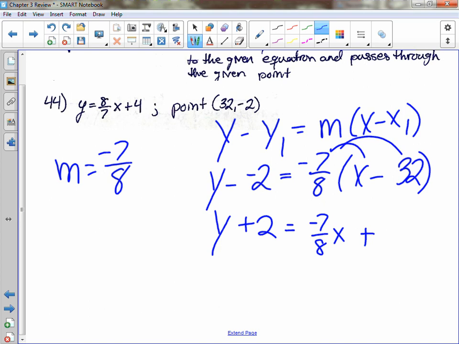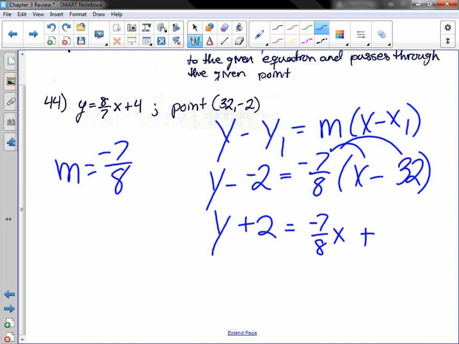Now, I would do negative 7/8 times negative 32 in the calculator because it will give you the answer. That would be negative 7 times 32 over 8. Well, this here would be 224 over 8, which is actually divisible. It's divisible by 8. This would be 1, 4, which would give us 28.